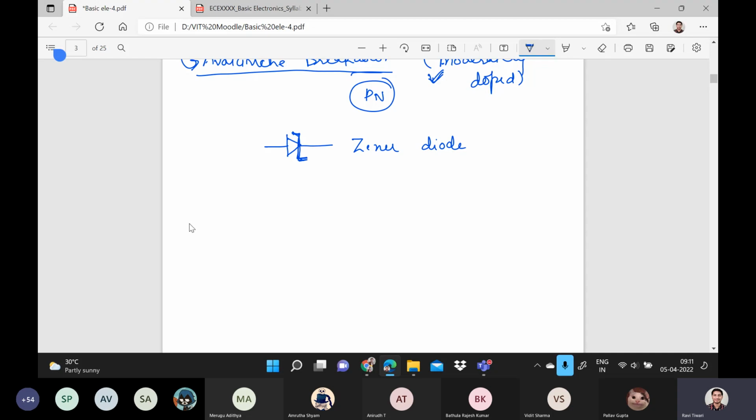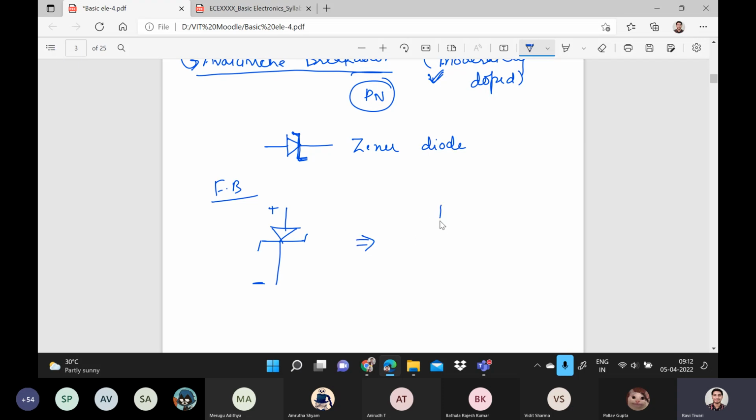So when it is forward biased like this, and for the representation you can use like this: if it is connected to positive and this terminal is connected to negative, this is forward bias.